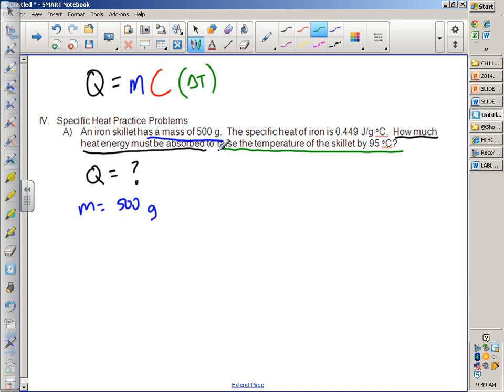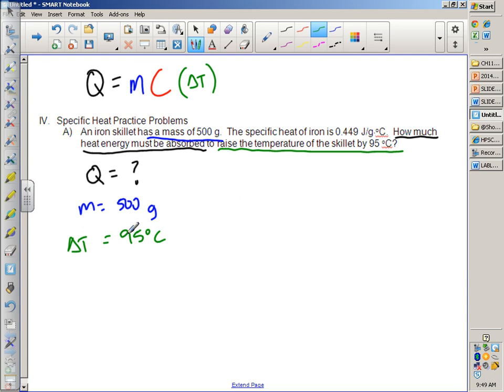It's telling you the change. How hot does it go up? That is represented by the delta T. So in this case here, they gave you the change in the temperature as delta T. Okay?